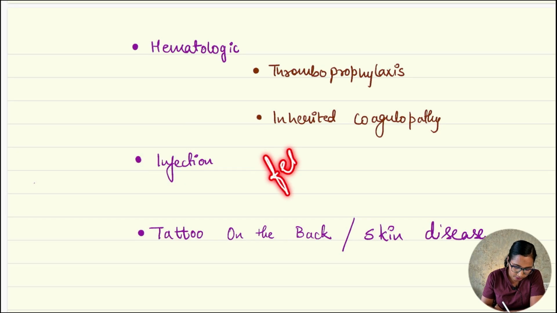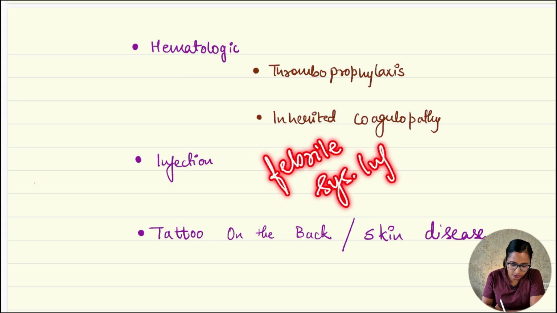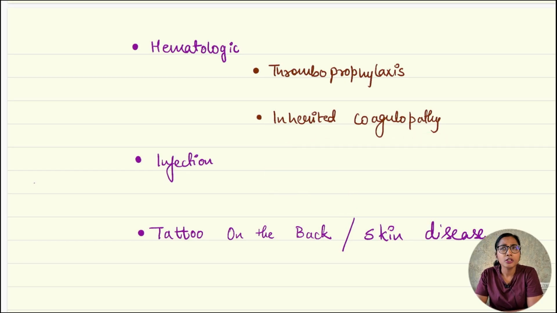Patient might be febrile, patient might have systemic infection, and we have to see whether the antibiotic has been started or not, what was the TLC count, and has the TLC count started reducing. So depending upon the whole scenario, we can decide whether to give a neuraxial blockade or not.